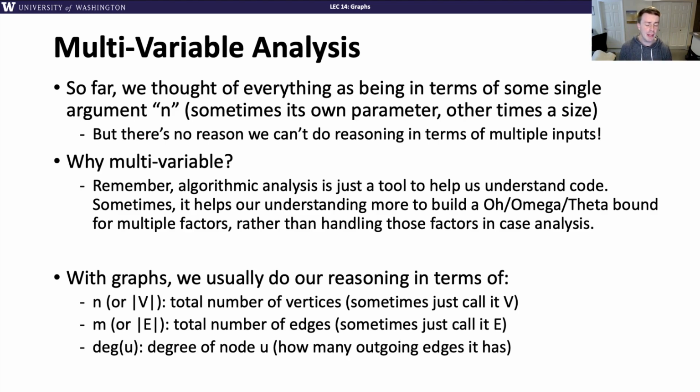So why are we going to allow multiple variables here? Well, remember, algorithmic analysis is just a tool to help us understand code. Sometimes it's helpful to understand more about our structures by making bounds that are related to multiple factors rather than trying to separate those out into separate cases. And this will be a little bit clearer in the example I'll show.